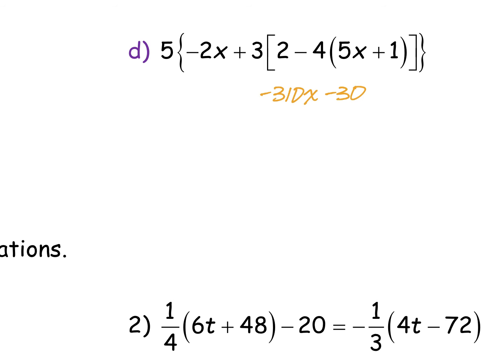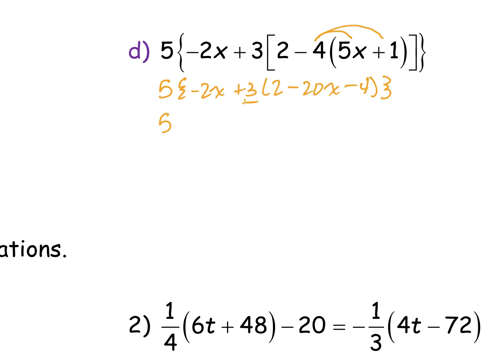Yeah? Okay. So I'm going to erase it real quick. I'm going to start with the -4, right, and distribute that. So I've got 5 times (-2x plus 3 times 2 minus 20x minus 4). Okay? Now I'm going to distribute the 3.